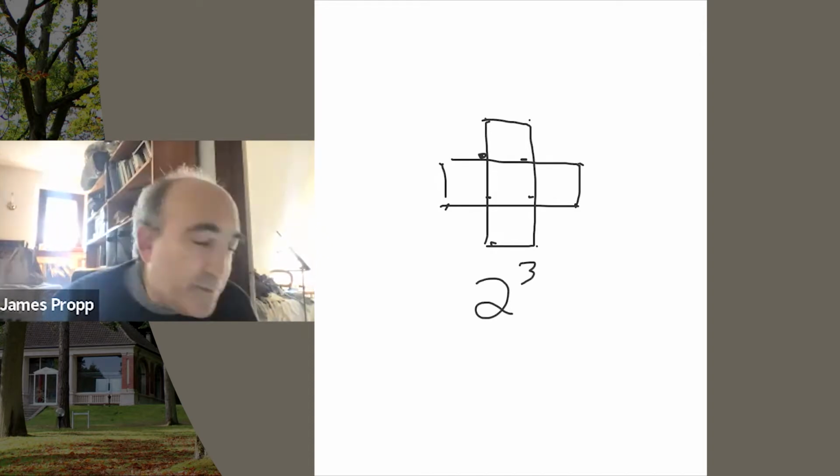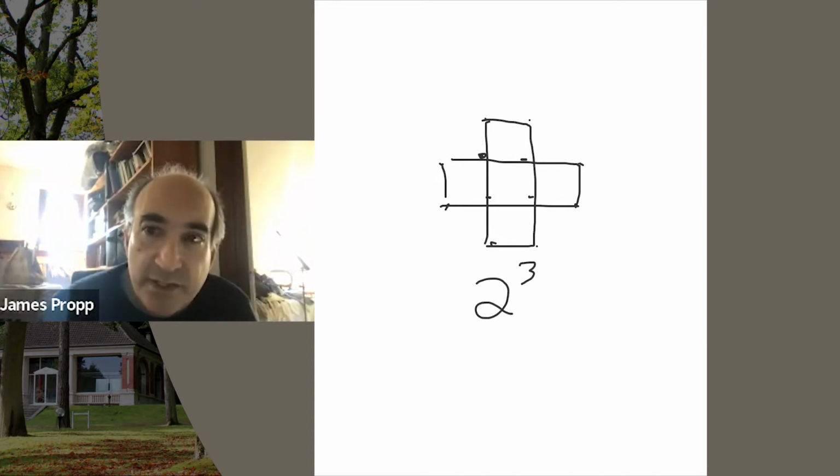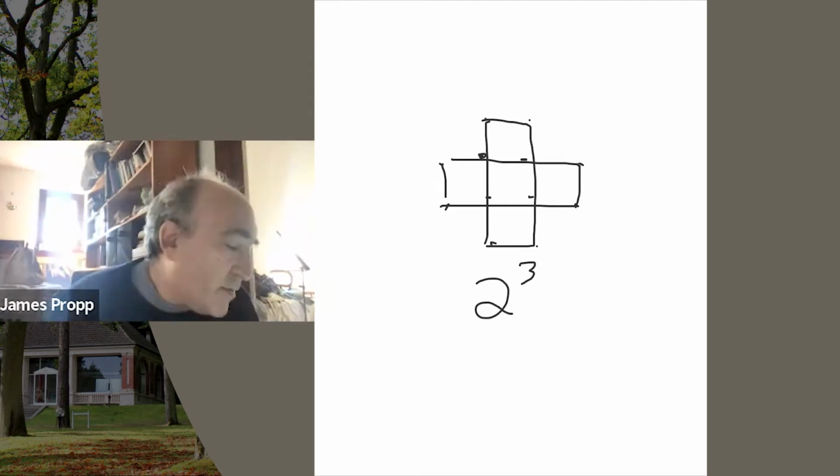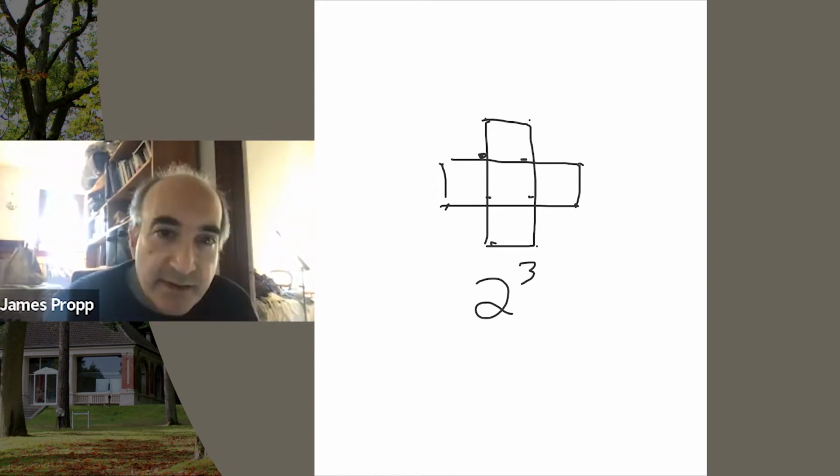That's 2 cubed, and this belongs to an infinite family of larger diamond-shaped subgraphs of the square grid, for which the number of perfect matchings is always given by 2 to the power of the nth triangle number.